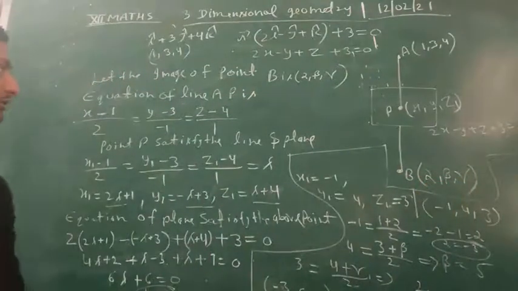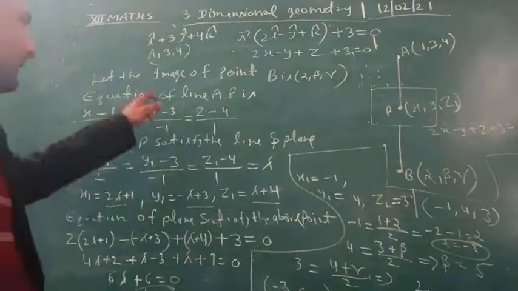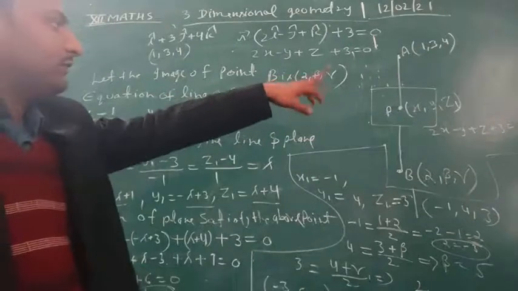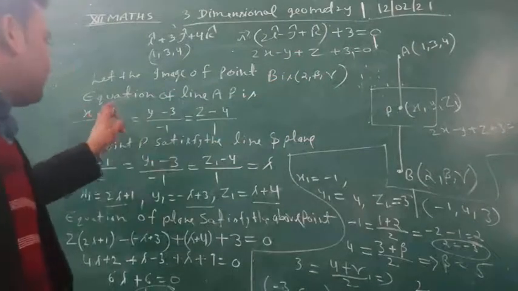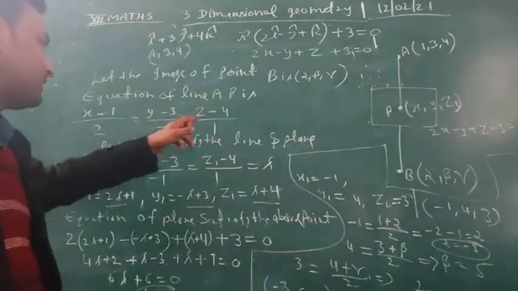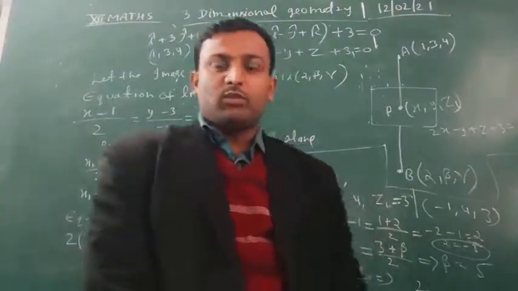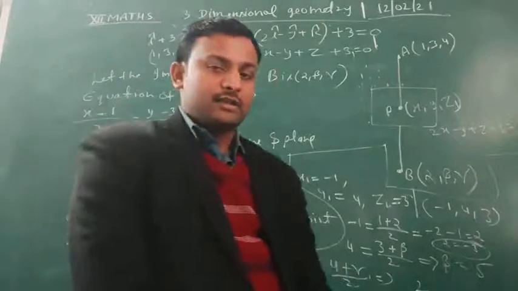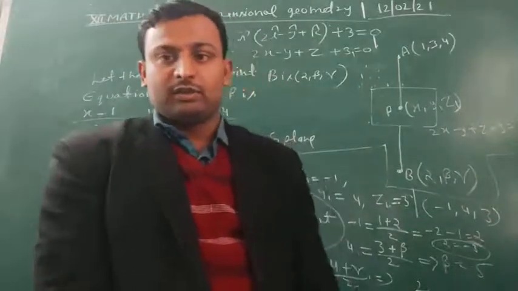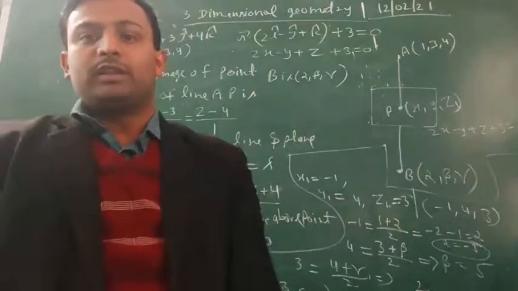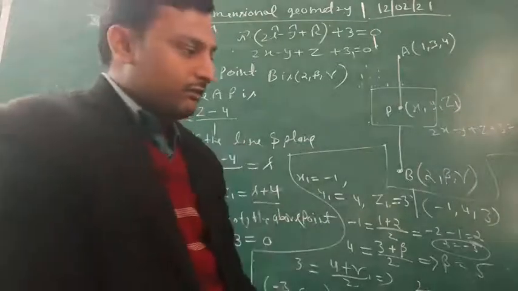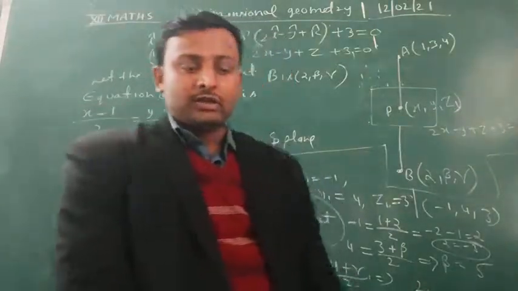Okay, so our equation of line AP will be what? x minus 1 by 2, y minus 3 by minus 1, z minus 4 by 1. Students, the equation of a line passing through one point is x minus x1 by a is equal to y minus y1 by b is equal to z minus z1 by c, where a, b, c is the direction ratio.